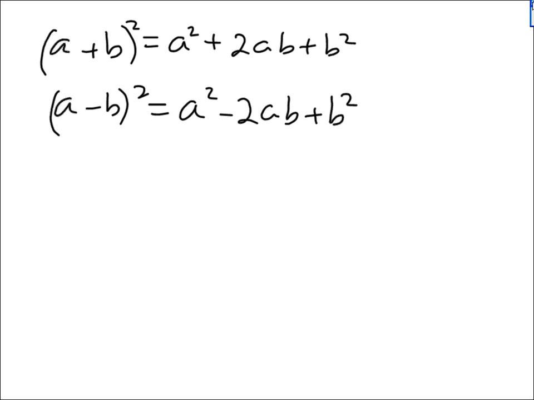You should know these formulas. This way you don't have to FOIL out. You're going to be studying math for a while: arithmetic, basic algebra, intermediate algebra, maybe statistics, maybe pre-calculus. You don't want to keep FOILing out every time. You don't need to, which is good. Okay, thank you.